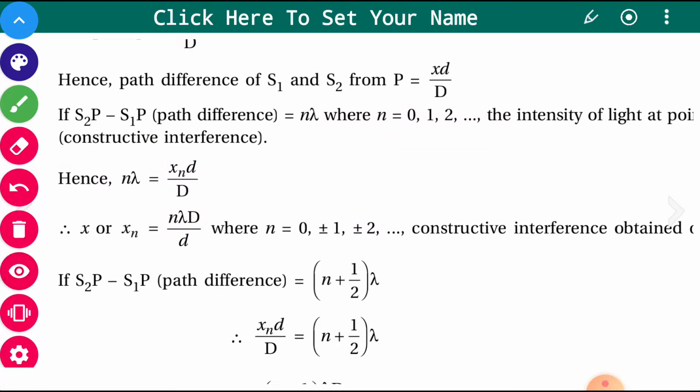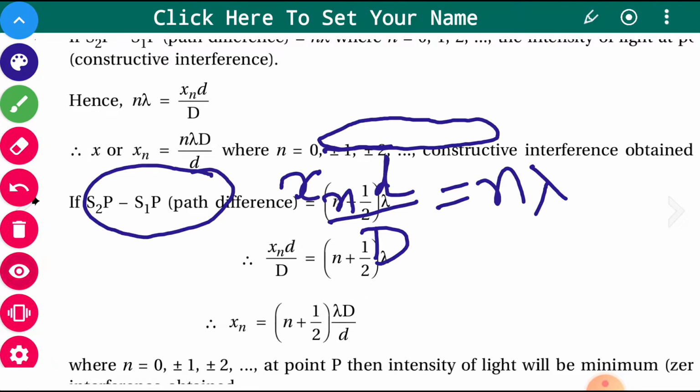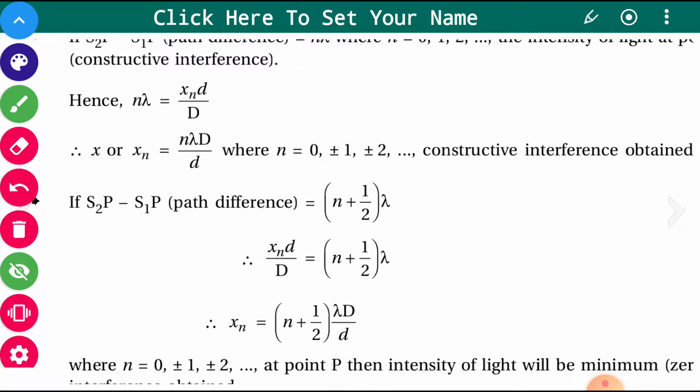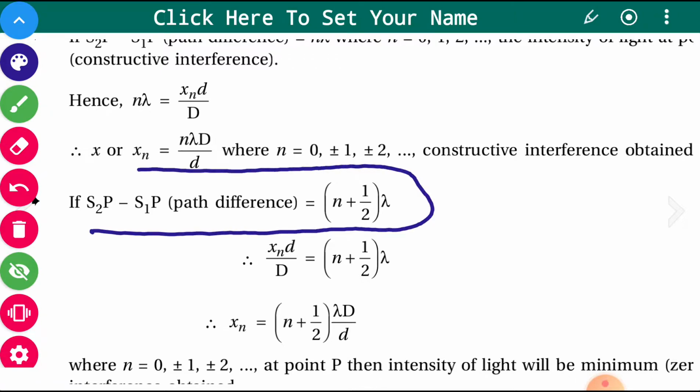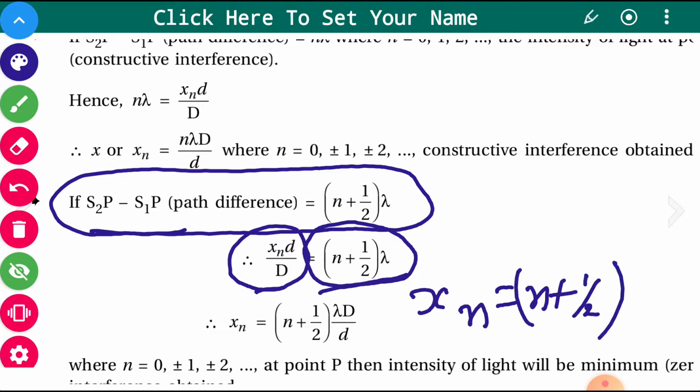And for S2p minus S1p, the path difference, if that path difference is n plus 1 by 2 lambda, or we can say xn d by D is equal to n plus 1 by 2 lambda, then xn is made the subject of the formula: xn is equal to n plus 1 by 2, lambda capital D upon small d.